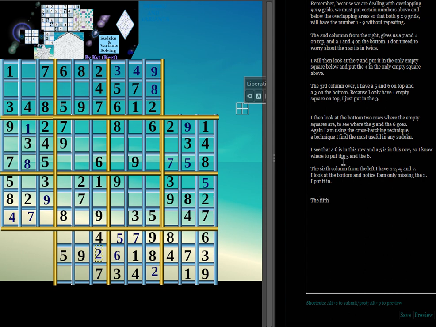The fifth column from the left has an 8 and 9. The bottom has a 9 only.